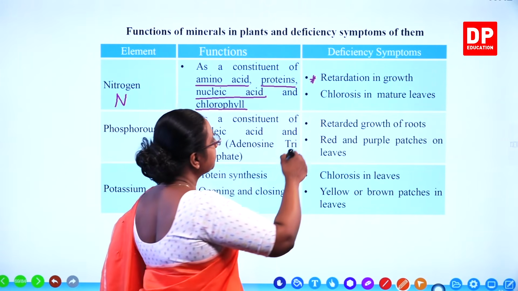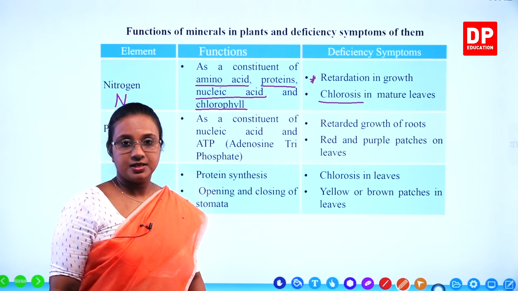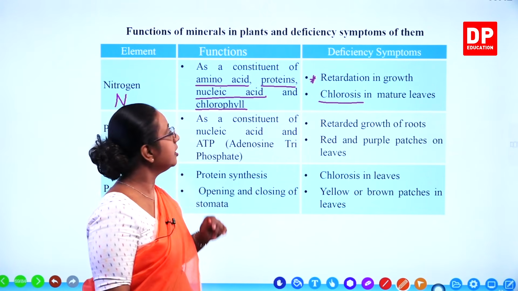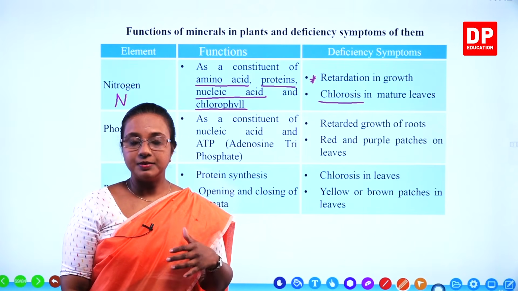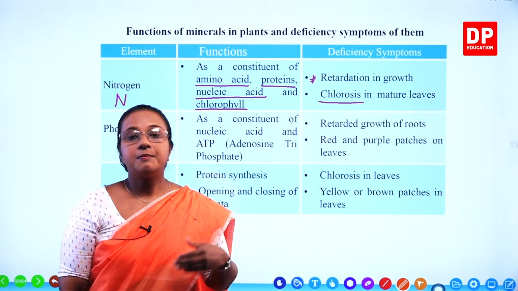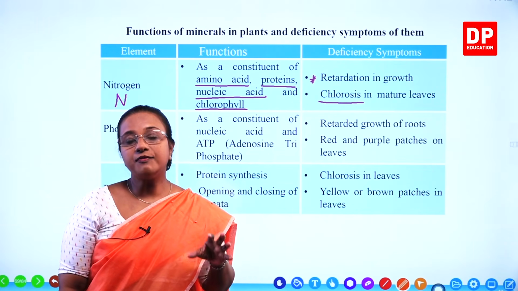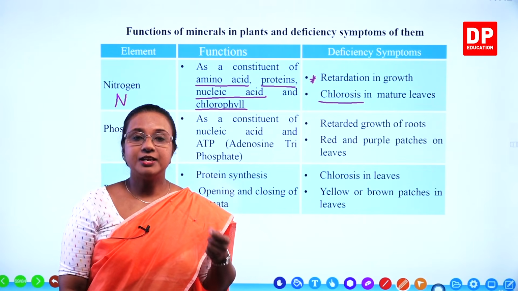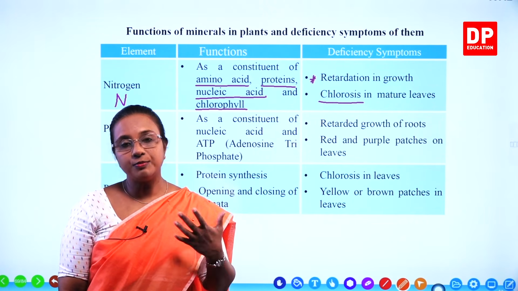Then there is an important symptom which is called chlorosis. This comes from the word chlorophyll. So, if there is enough chlorophyll, the plant will have a proper green color. But if there is not enough chlorophyll, the color of the plant will change. It will become a pale color, or there can be yellow or brown patches.